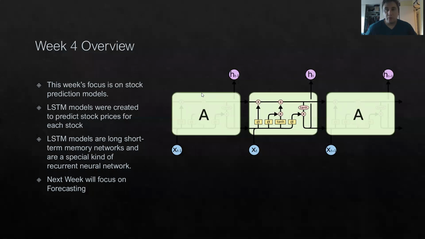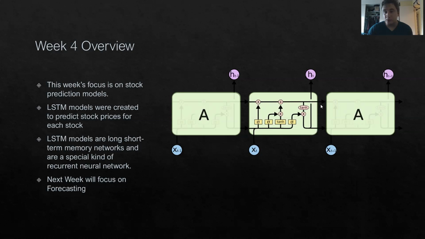This week I focused on creating some initial models for stock price prediction. I used LSTM models, which are long short-term memory neural networks, a type of recurrent neural network. The key to these networks is the state.